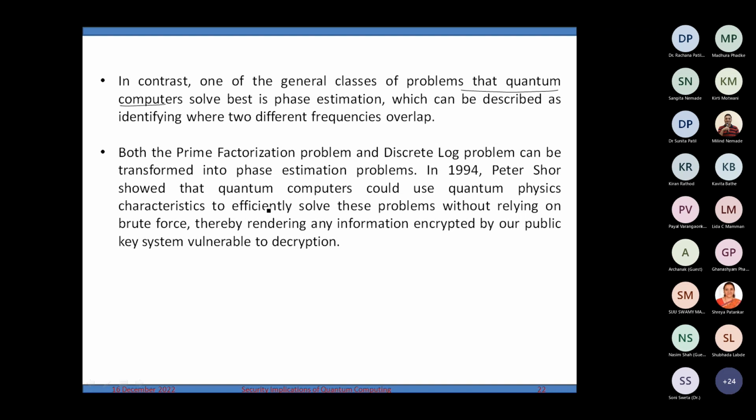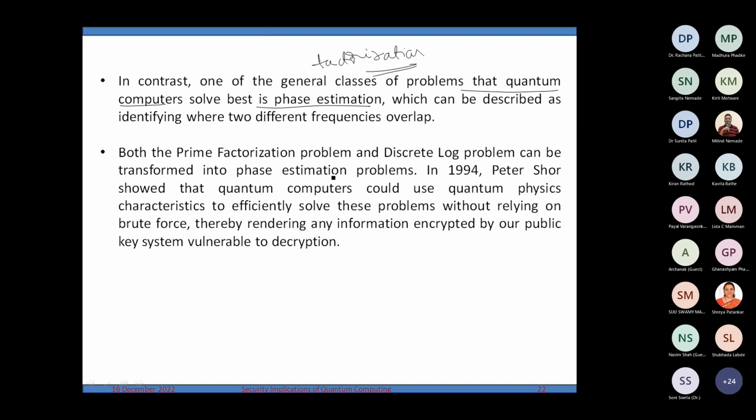Quantum algorithms perform phase estimation in such a way that the factorization problem is transformed into a phase estimation problem, so that we are able to find the factors of the given number.